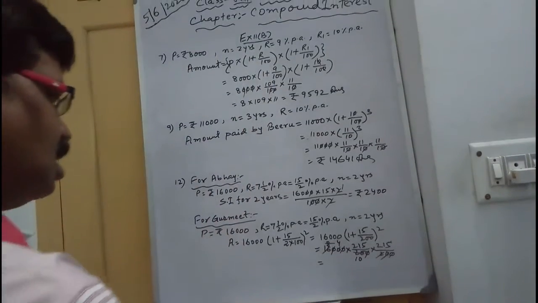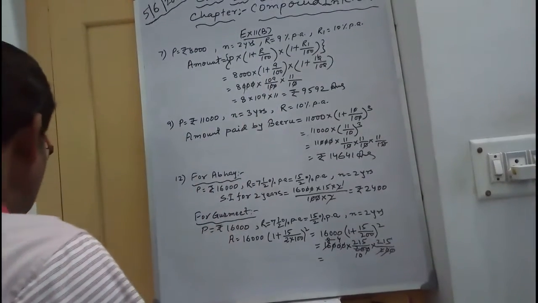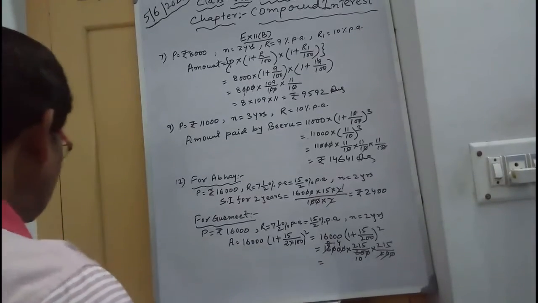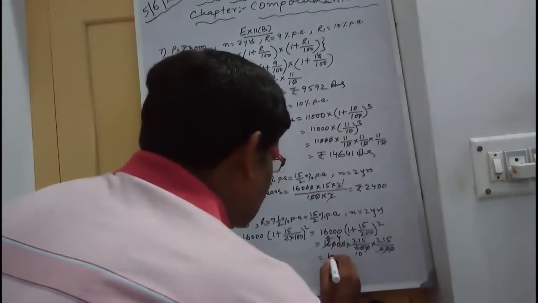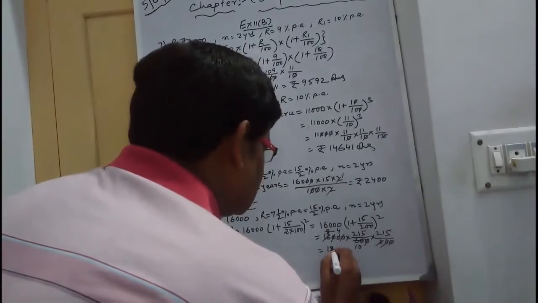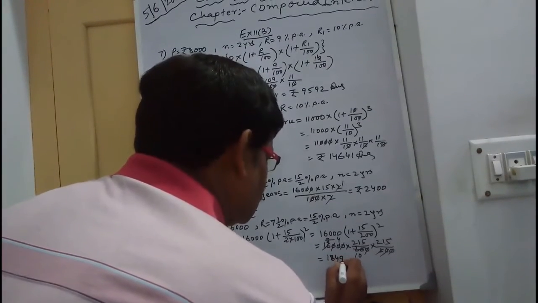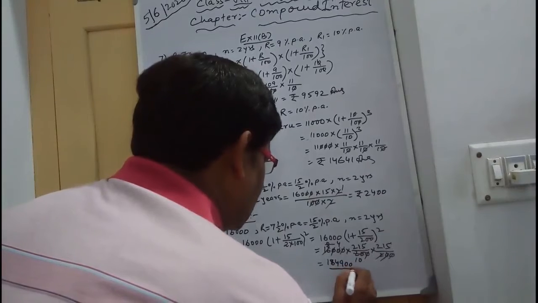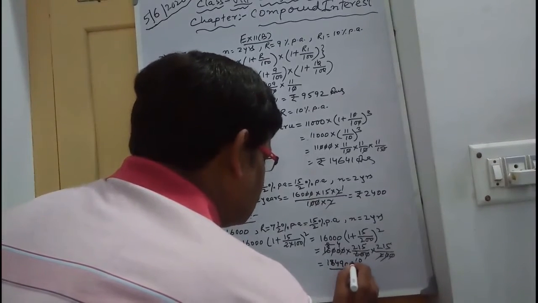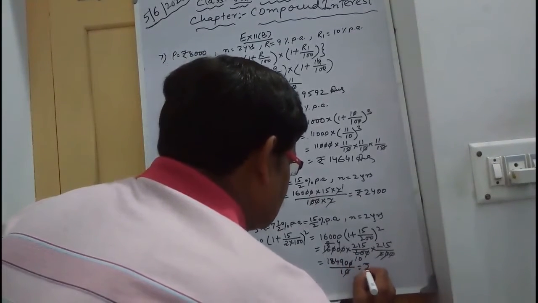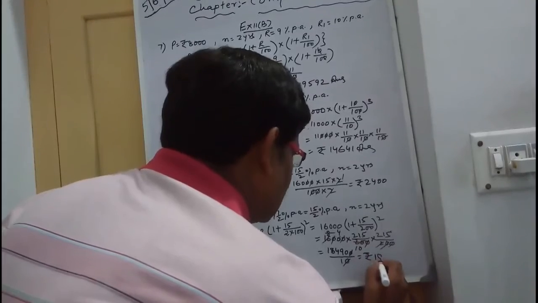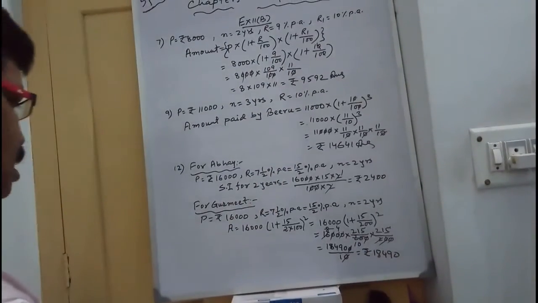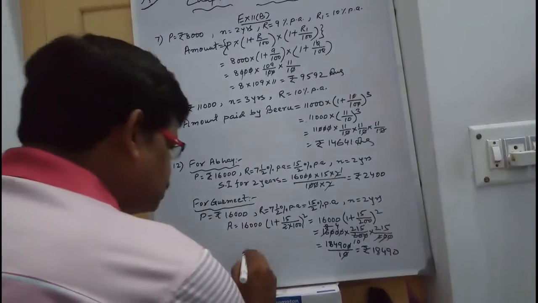So multiply 215 with 215 and also with 4, that is equal to 18490 by 10. So equal to rupees 18490. Now find compound interest.